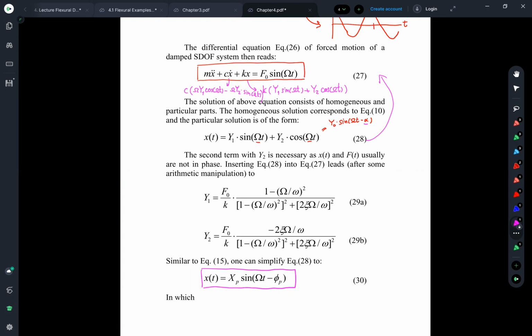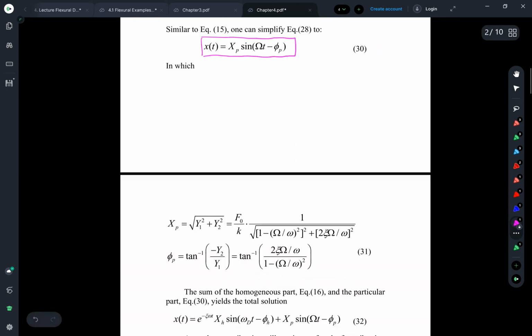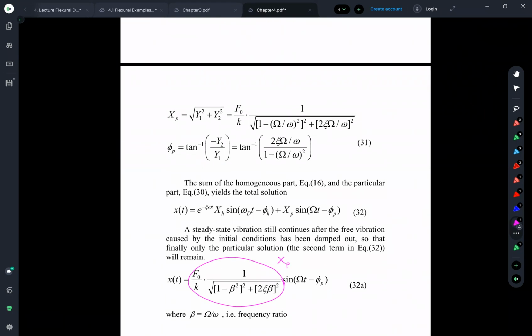That's why we need two arbitrary constant terms to complete that. We combine the homogeneous solution in. That's why the total solution, the general total solution, becomes as in equation number 32.